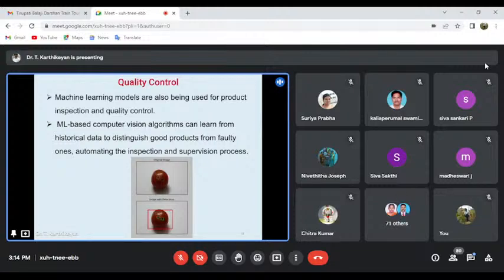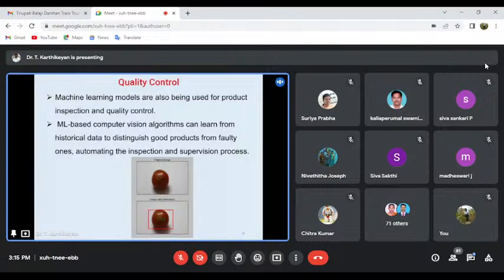What is industry? Industry will provide some items, some goods. So these goods, we can already feed the good items into the system. The system will store all the items with the proper images. When the system finds any faulty item, it will compare it with the already existing image. Based on that, it will decide and say it is faulty.